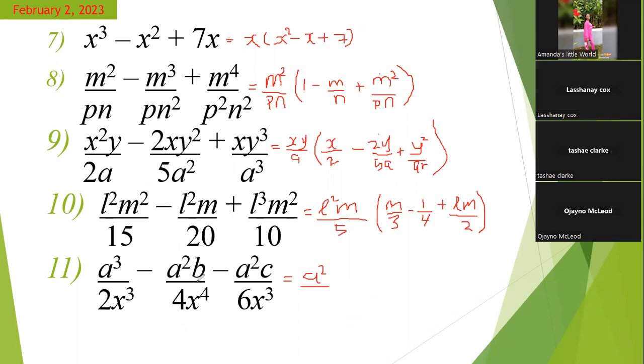Yes, sir. So A square is common. A square over 2, over 2x, 2x cube.